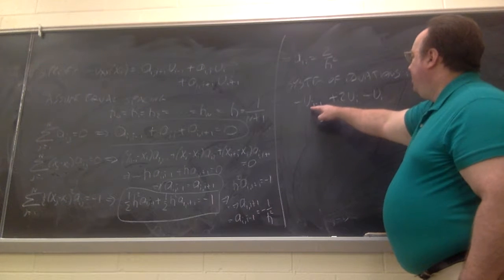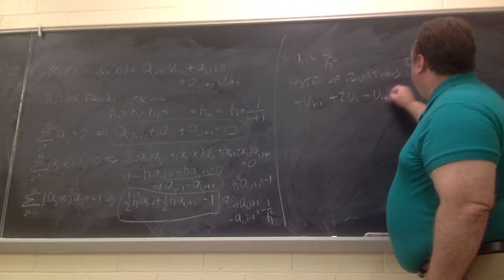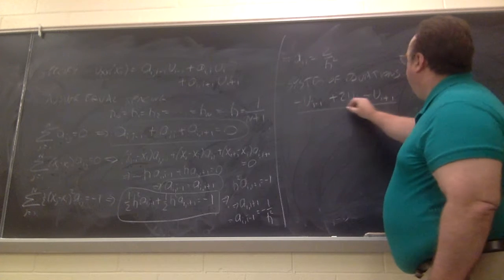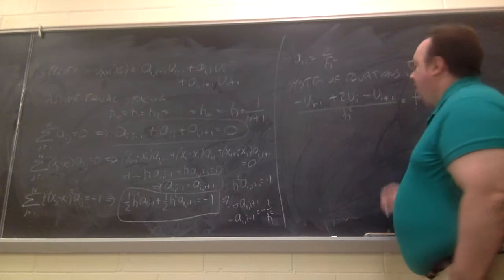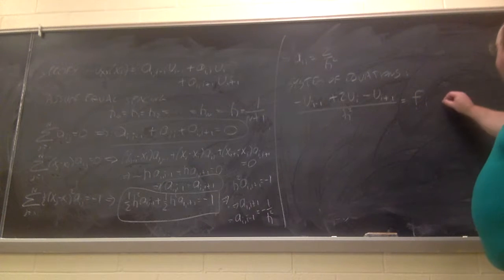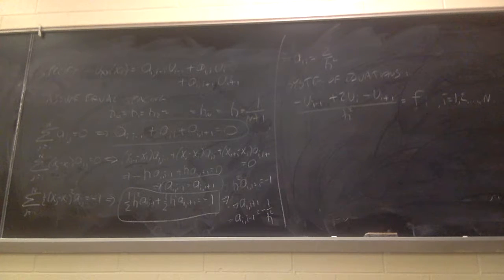So ui minus 1 plus 2ui minus ui plus 1, all over h squared, is equal to fi. And this holds for i equal 1, 2, up to n.